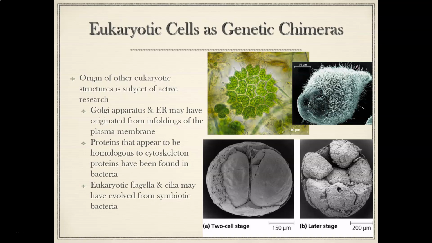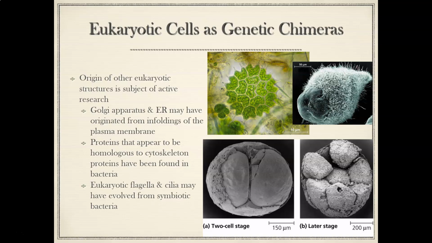And again, when we look at internal structure, the origins of others are still a matter of active research, but probably something along those lines of you are what you eat. Things like the Golgi and the ER probably originated as infoldings of the plasma membrane. Proteins that we see in things like our cytoskeletal structure in eukaryotic cells are homologous to proteins that we see in bacteria.